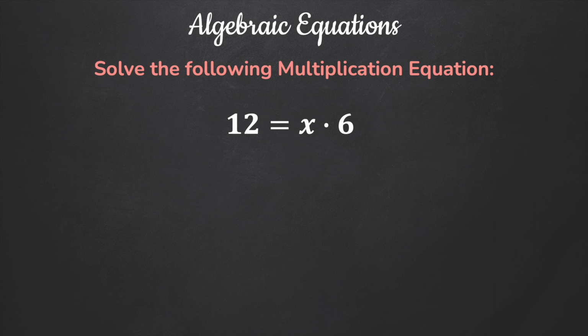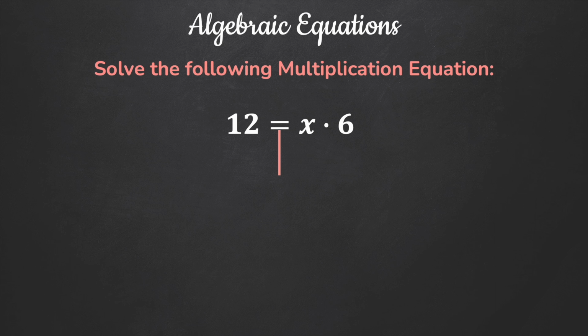Now we have 12 equals a number times 6, and we want to figure out what that number is going to be. In order to do that, we're going to first draw a line coming straight down from our equal sign. And this just makes it easier for us to see what's on the left side of our equation and what's on the right side. On the left side, we have 12, and then on the right side, we have x times 6.